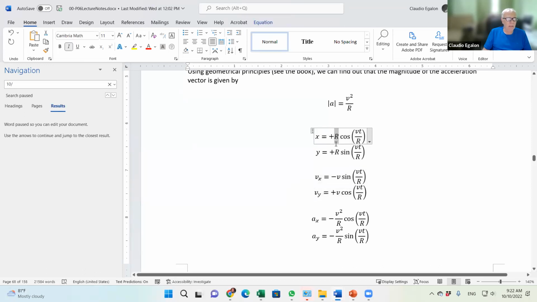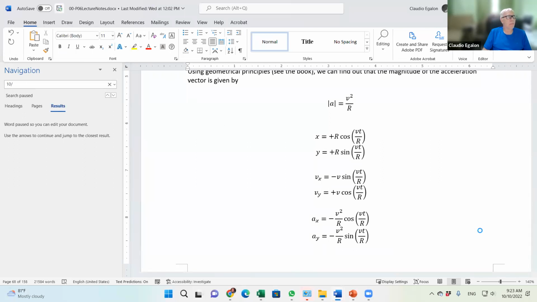All those terms that you see here, R, V, R and V squared over R, are all positive. R is the radius of the circle, has to be positive all the time. V is the speed, is positive all the time. And what goes inside the parentheses is exactly the same term, the theta angle, which we wrote in terms of VT over R.